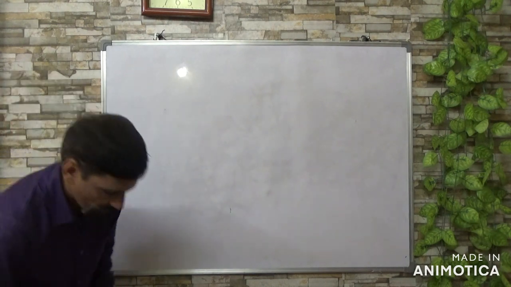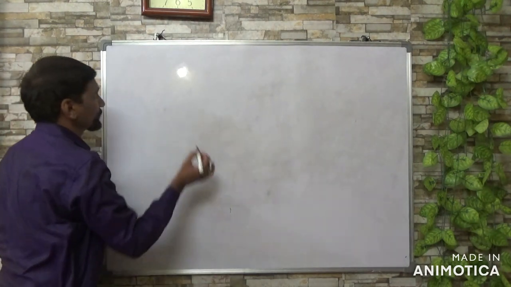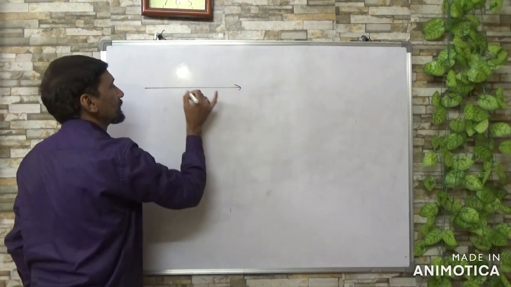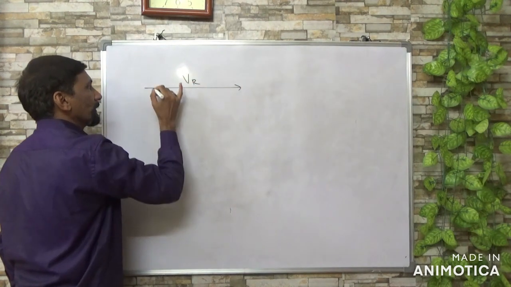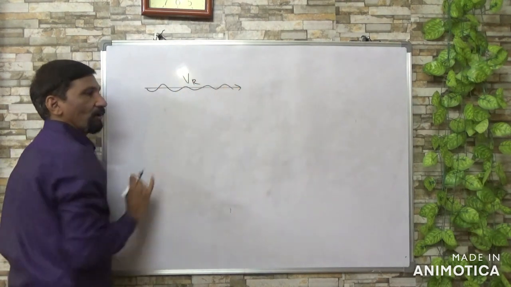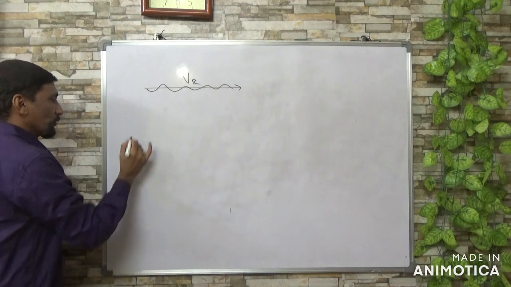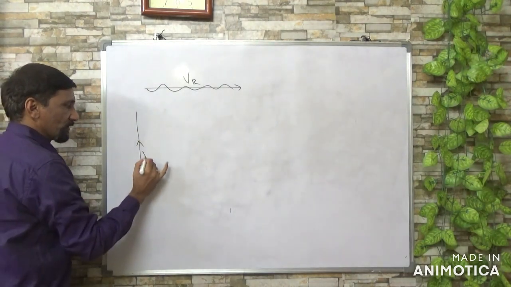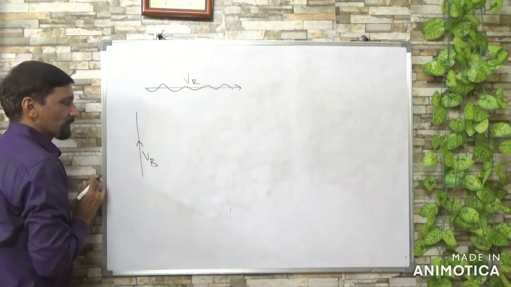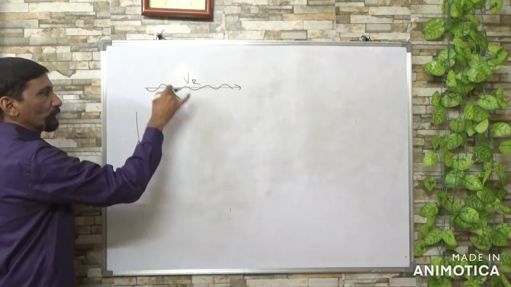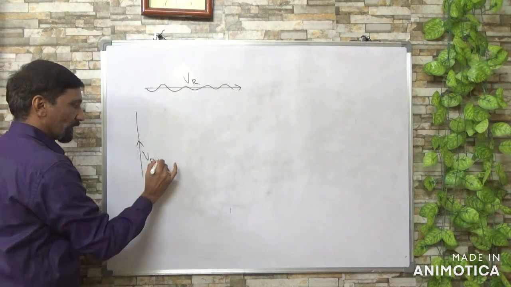Say this is our problem. V_R be the velocity of river. So a boatman or a swimmer moving perpendicular or normal to the direction of river flow.